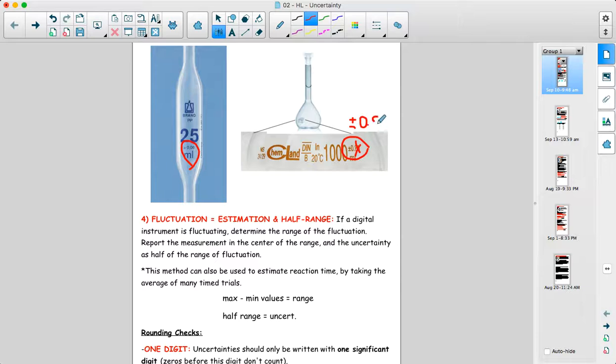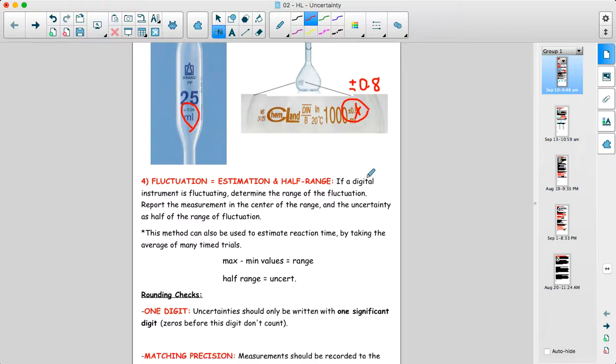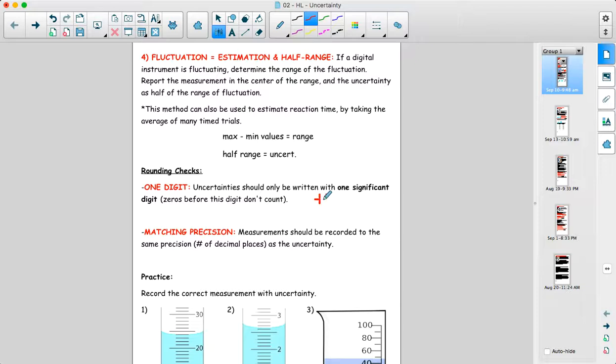Another example is that we're not going to have an uncertainty that is plus or minus 1.5. So there are 2 digits here that are uncertain. The idea being, if I'm uncertain in the ones place, then I'm really uncertain about the 10th place, and so I really shouldn't be reporting anything about the 10th place, because I don't even know about the ones place.